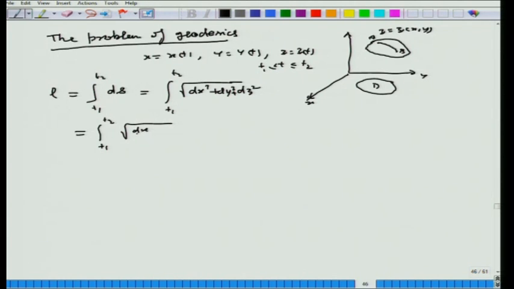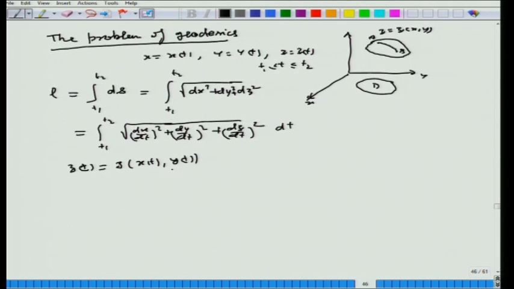So, the integral of the square root of (dx/dt)² plus (dy/dt)² plus (dz/dt)² dt, and then these x, y, z must satisfy this: z(t) must be z of x(t), y(t).